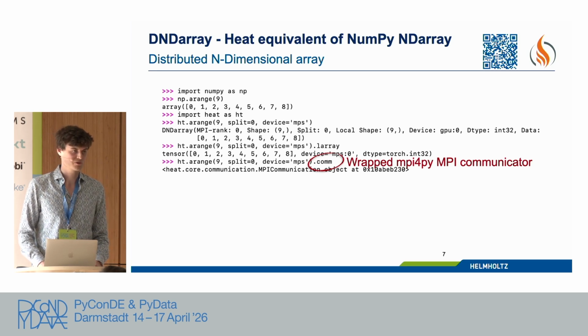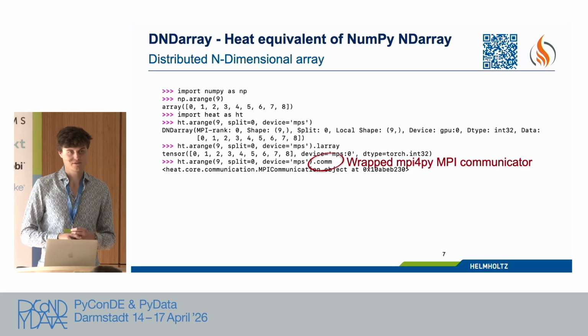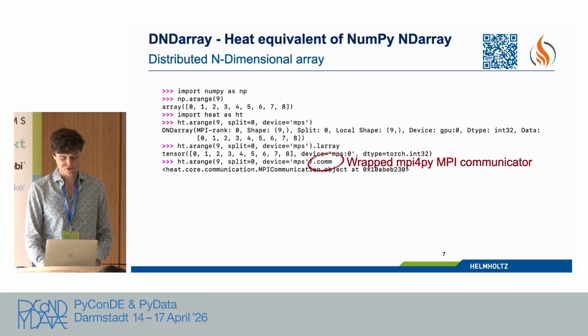We have some abstraction around communicators. So this could be different parallelization frameworks, but for now, it's just a wrapped mpi4py MPI communicator, which works on a lot of machines, I think.